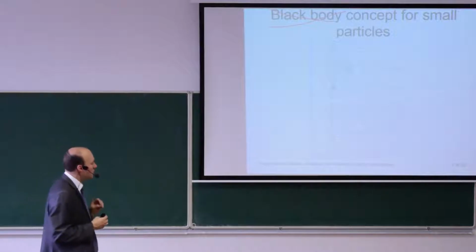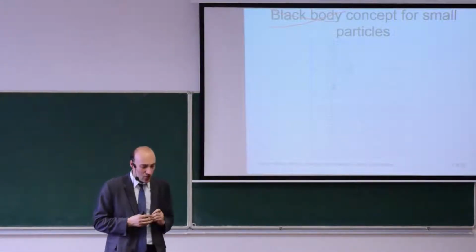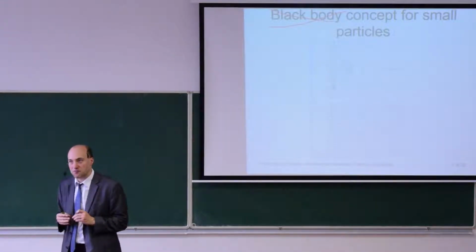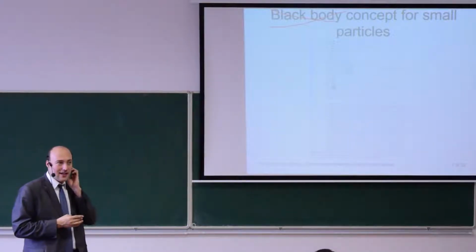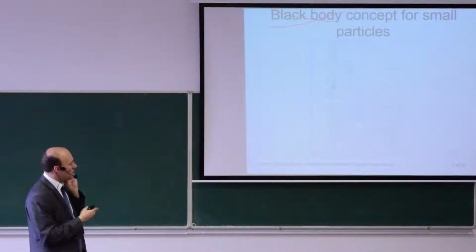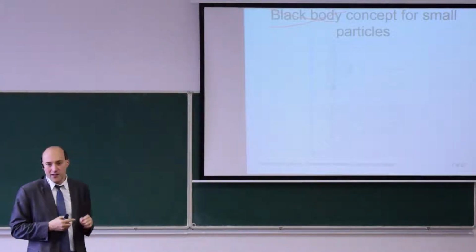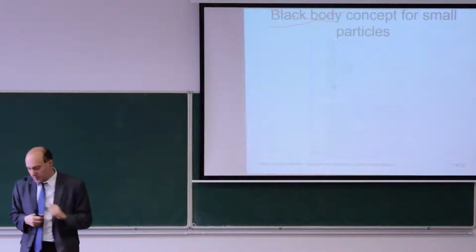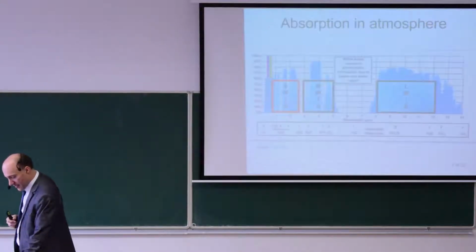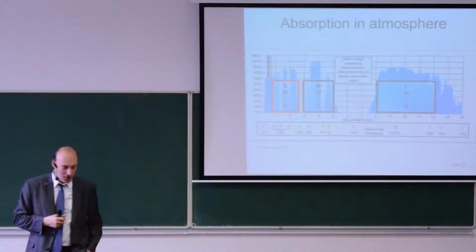And here, for small particles, you can find emissivities of, let's say, 5 or 10 or even higher. And then it's almost impossible to measure their temperature correctly. So that's another problem.